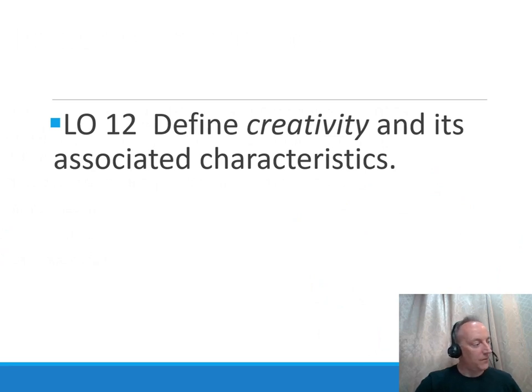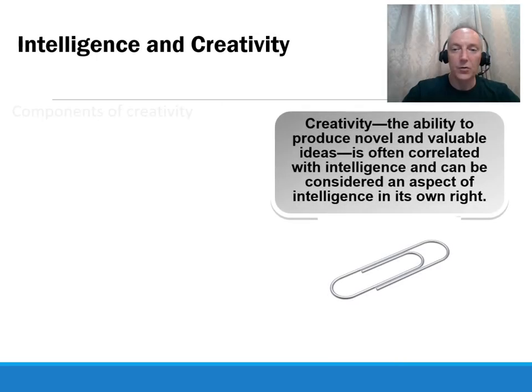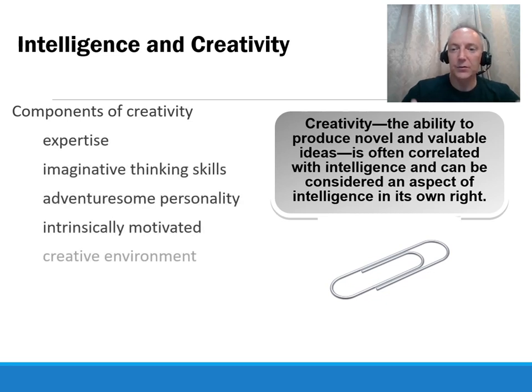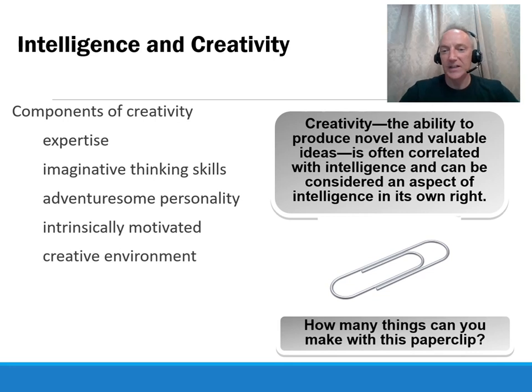All right, our final topic is creativity. Creativity refers to your ability to produce new and valuable ideas, to think of things in new ways. So a test of creativity might go something like this.